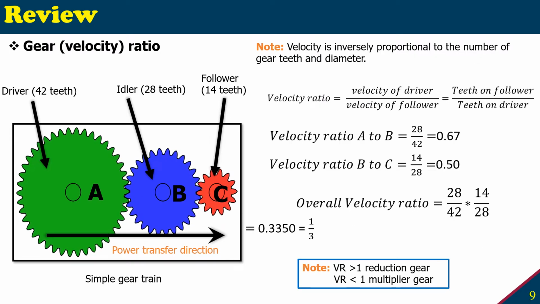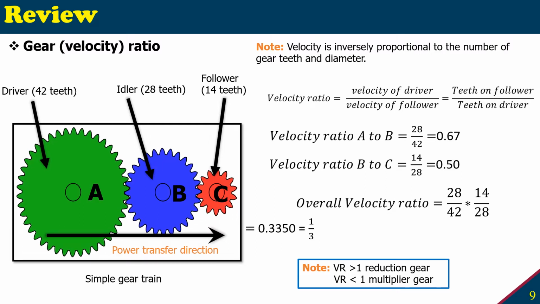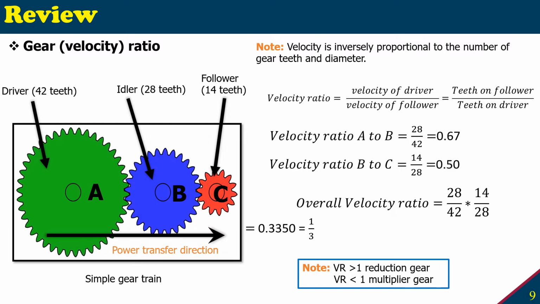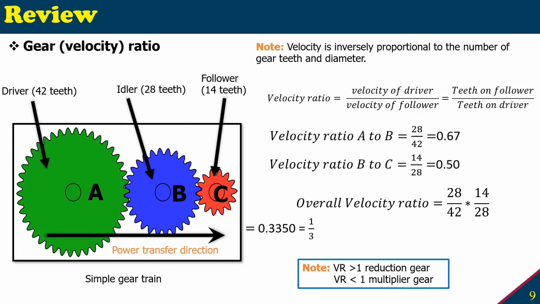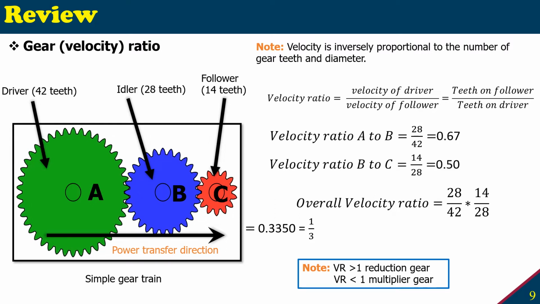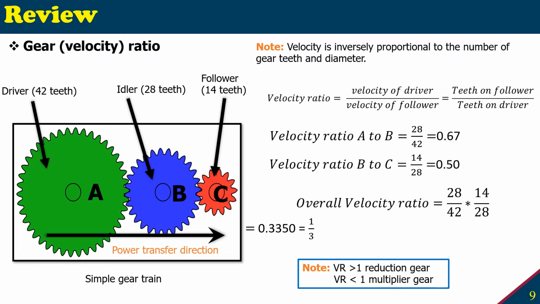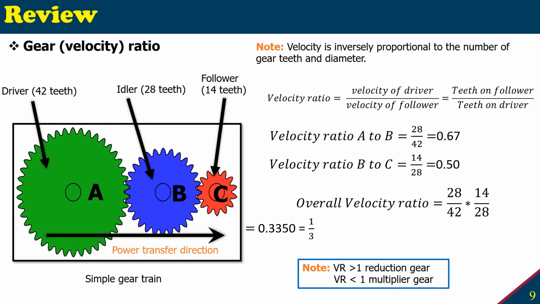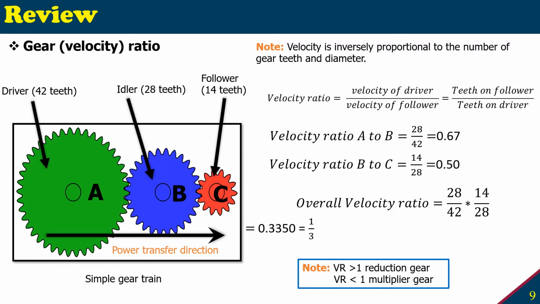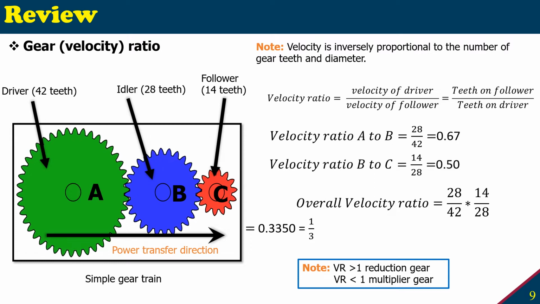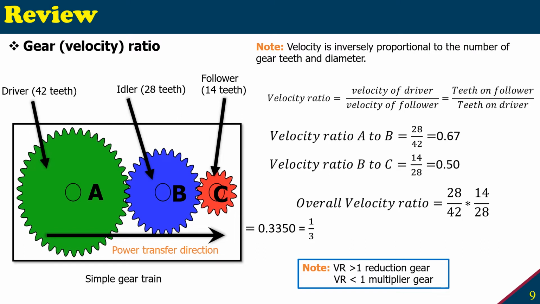Now we're going to learn about the gear ratio, or we can also call it the velocity ratio. The velocity is inversely proportional to the number of gear teeth and the diameter. So the more teeth you have, or the bigger the diameter of the gear, the less is the velocity.